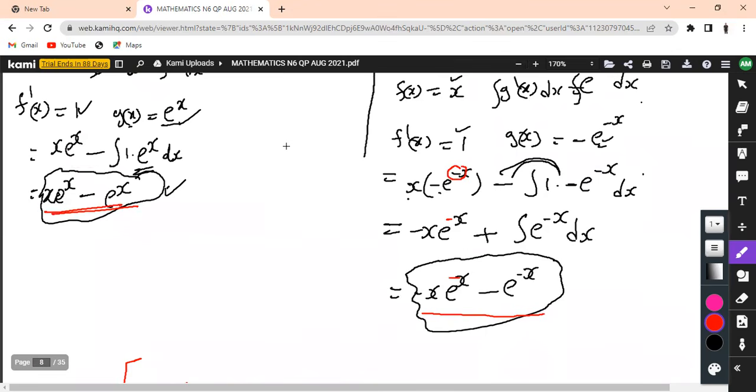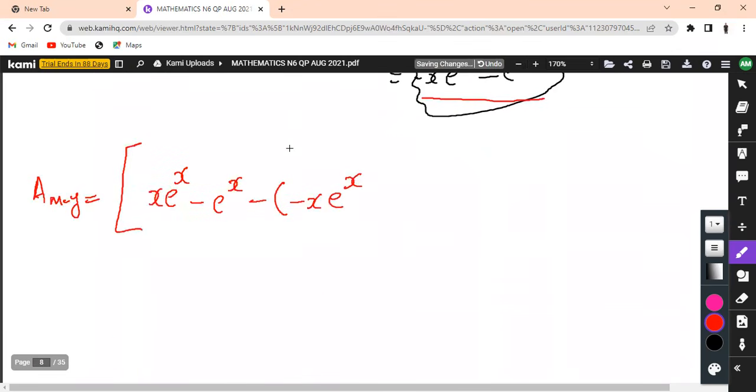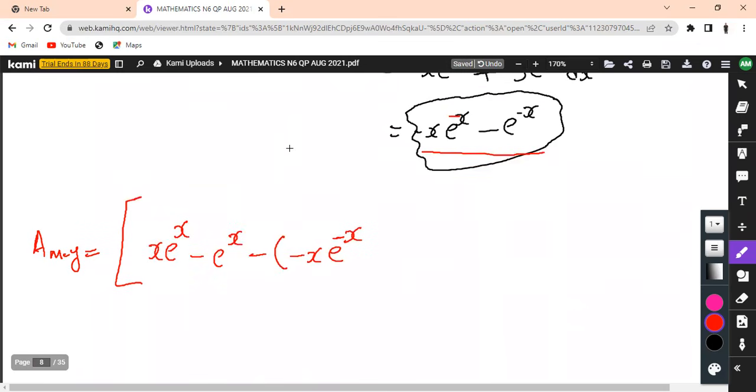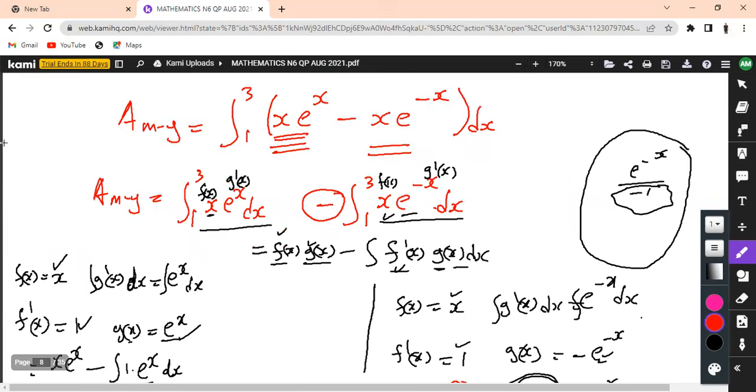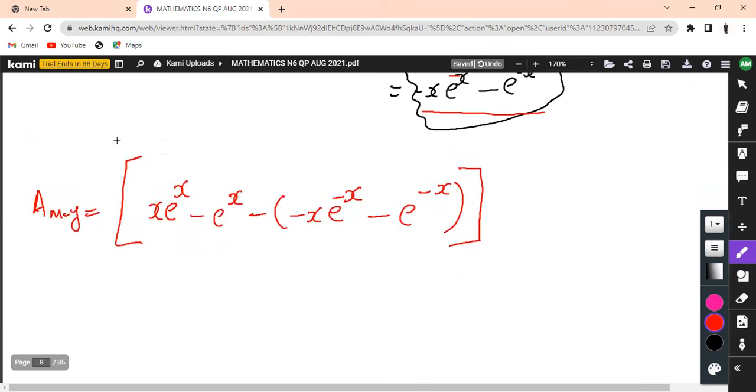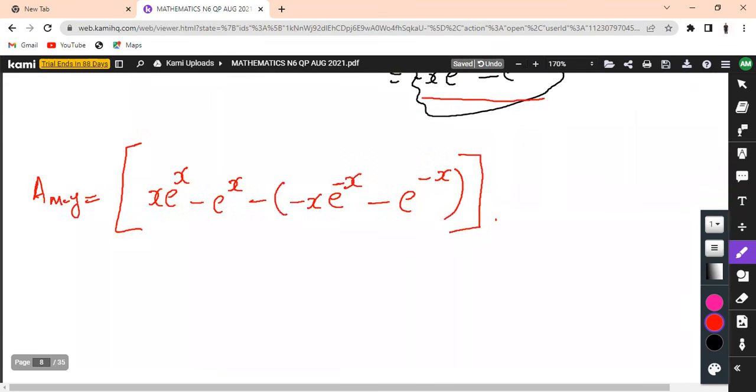Okay, so that's minus x on this part here. And we have got minus e to the exponent of minus x, like this. All right, so that is what we had. And our limits are 1 up to 3.